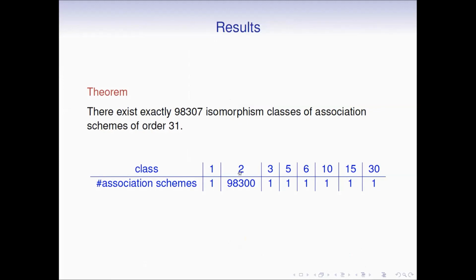As we talked before, class 2 is about Skew-Hadamard matrices, the non-symmetric ones, and we find these association schemes from Skew-Hadamard matrices of order 32.